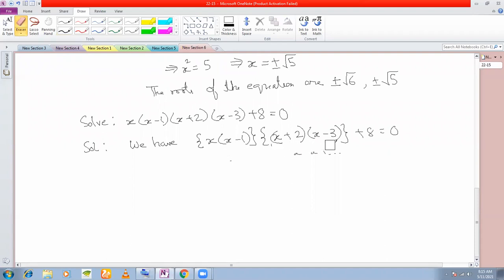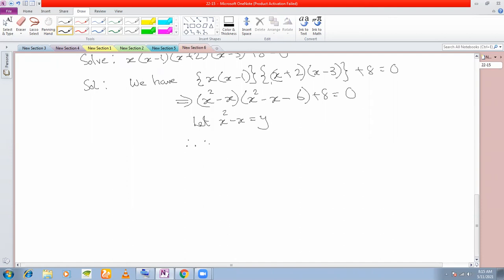Now we'll see after multiplication what we get. If you multiply these two, here you will get x square minus x, and here x square minus x minus 6, and you have a plus 8 here. So you assume let x square minus x is equal to y.